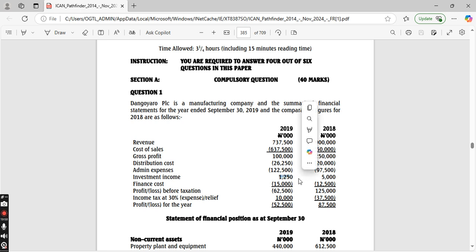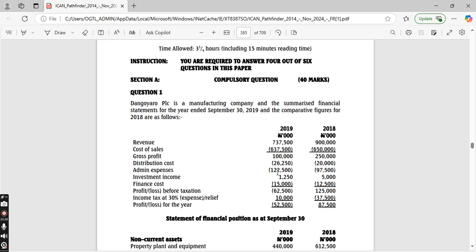Now, if you look at this investment income, is it a financing activity, operating or investing activity? It should be an investing activity. So I mentioned something earlier. I said your dividend received and dividend paid are treated separately. In the same vein, interest received and interest paid are treated separately.